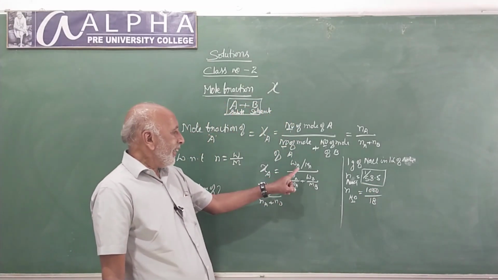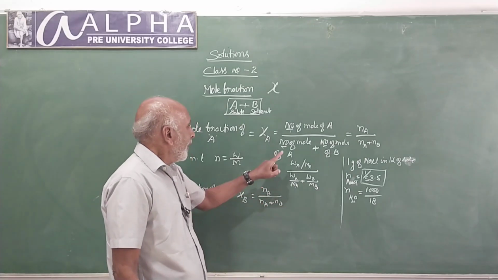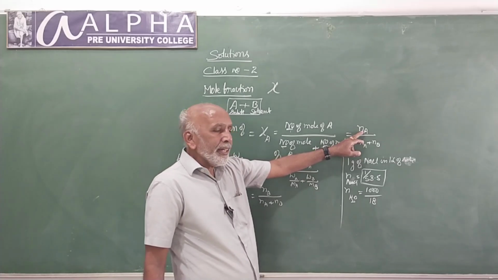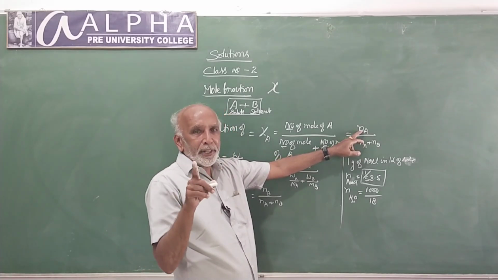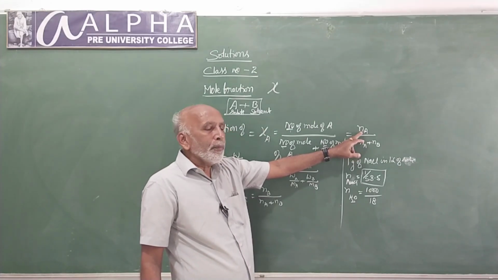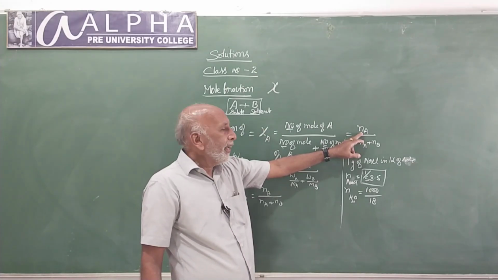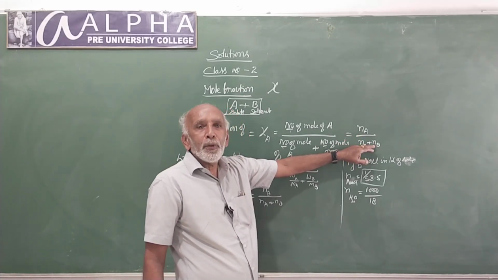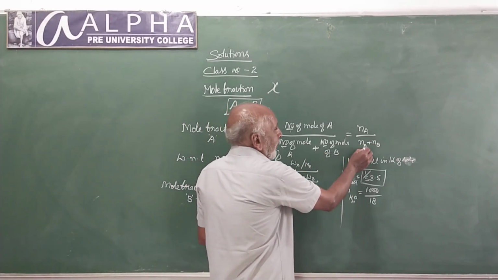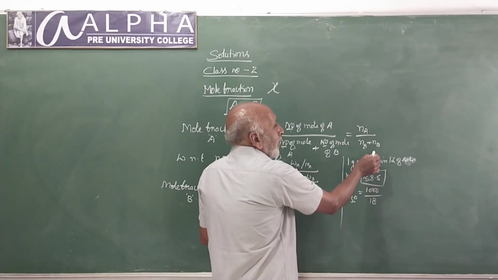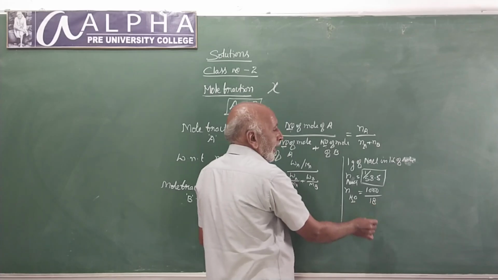See here in this expression, keep it in mind, in the case of a very dilute solution, the number of moles of solute is much smaller than the number of moles of solvent. See here, the number of moles of solute A is 1 by 58.5, that of solvent is 1000 upon 18.